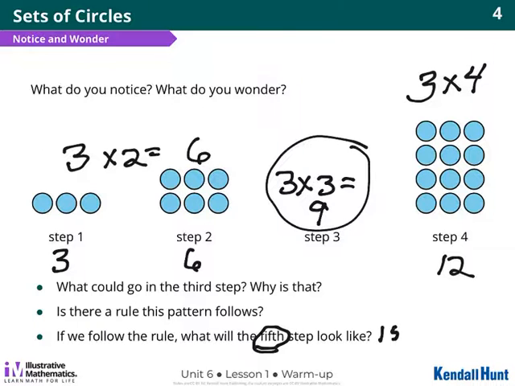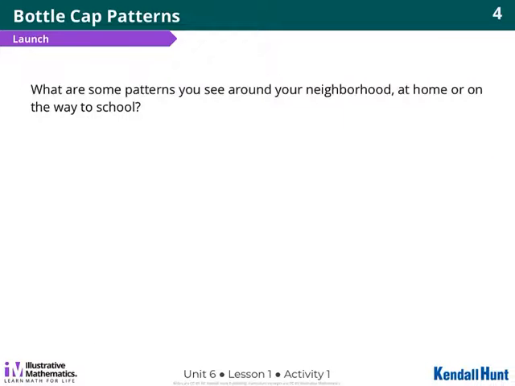Because I know that 3 times 5 equals 15. Okay, so if we're just counting by 3s and we add another group of 3, then we know 3 times 5 is 15. Easy peasy, right? Okay, mark your spot with your pencil and close your book. We're going to launch. Yay.